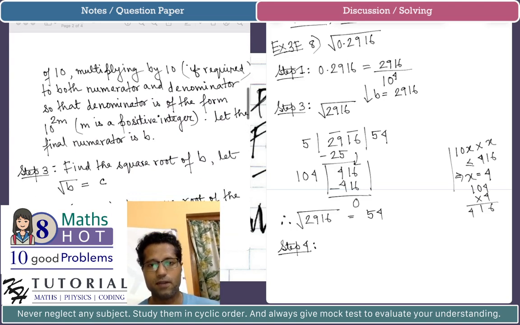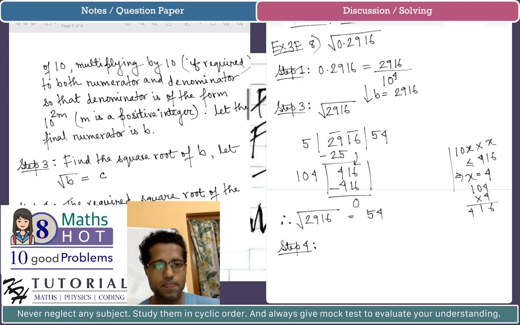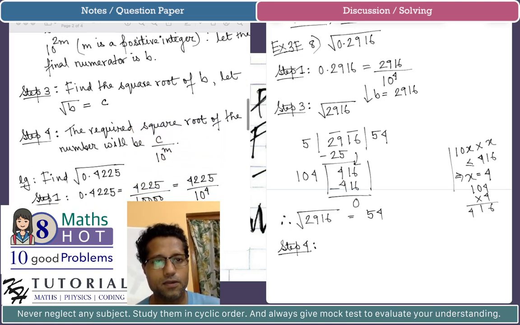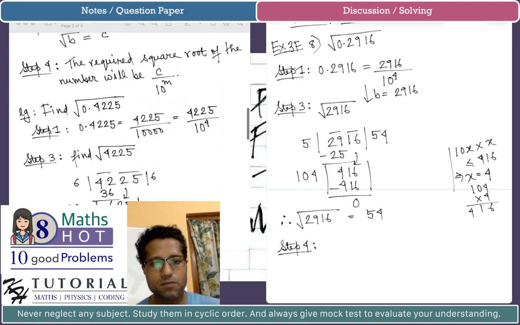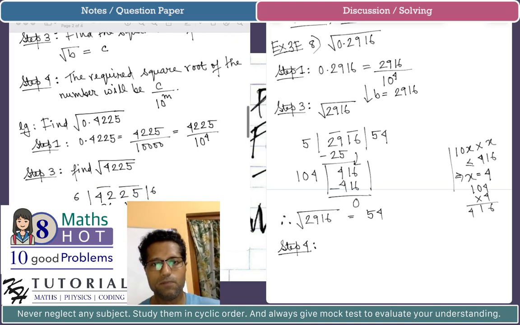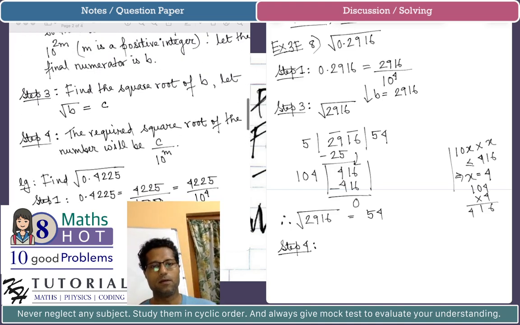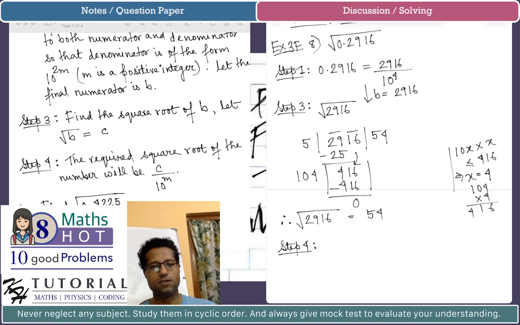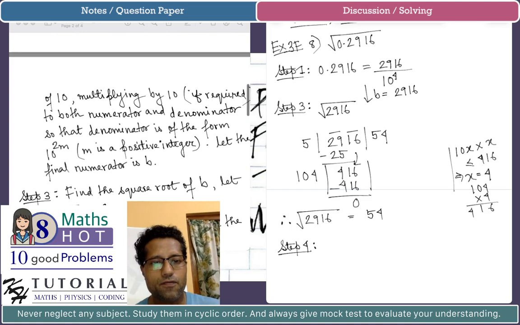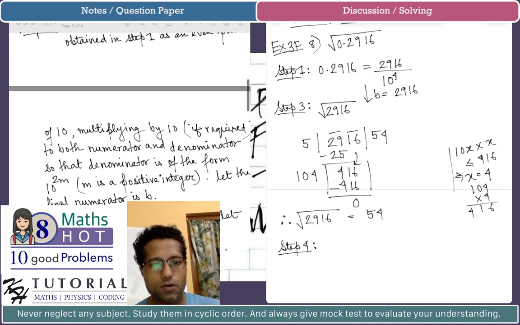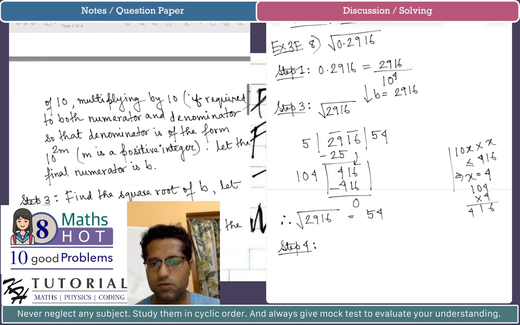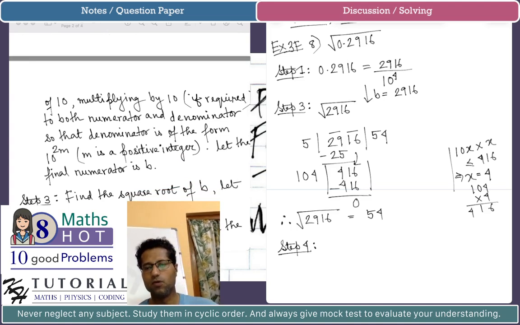If you express that even power of 10 as 10 to the power 2m, then the final square root will be c by 10 to the power m. You just divide c by a power of 10, where the power will be half the power of the denominator in step 2. In our case the denominator is 10 to the power 4, so finally we will divide by 10 to the power 2.